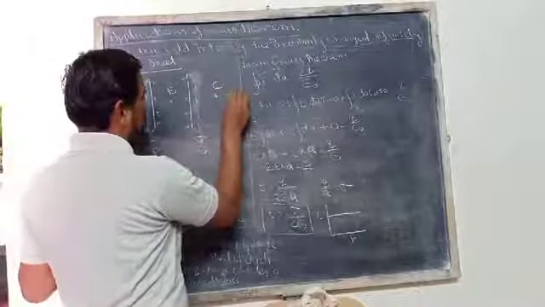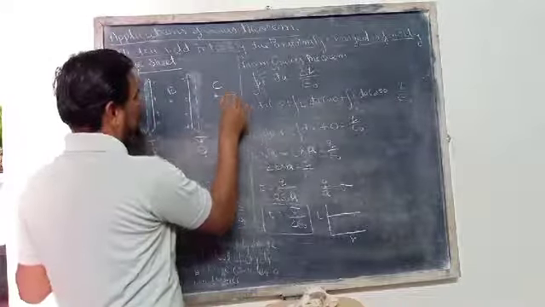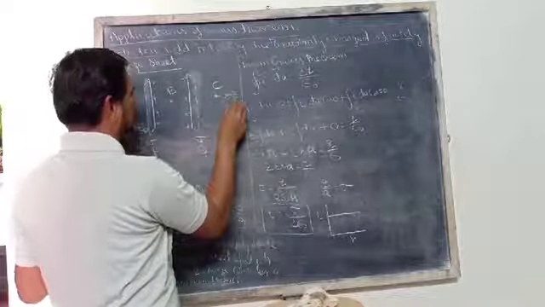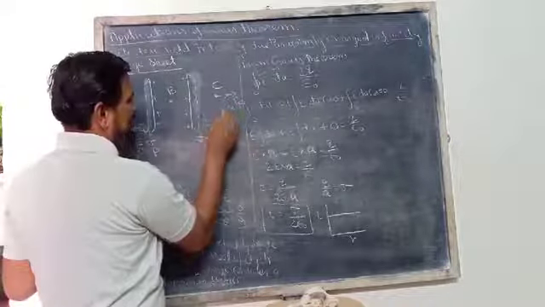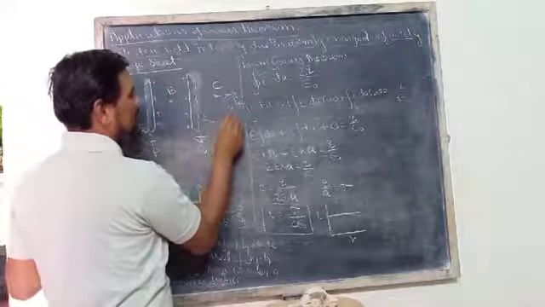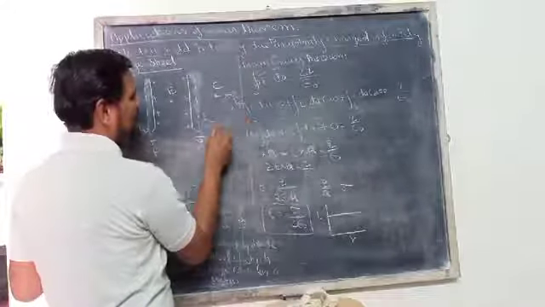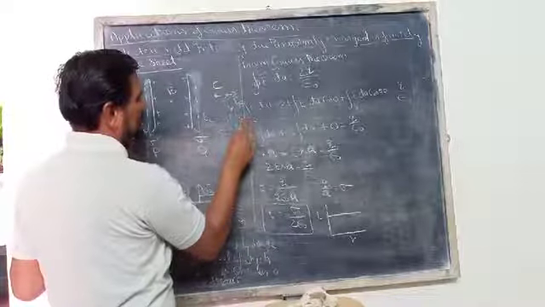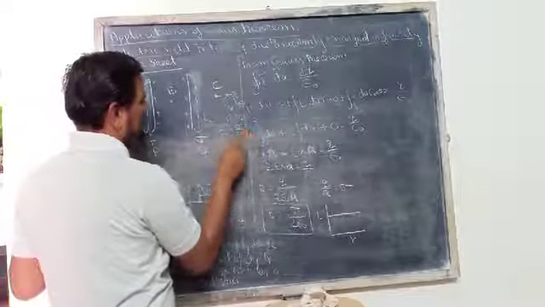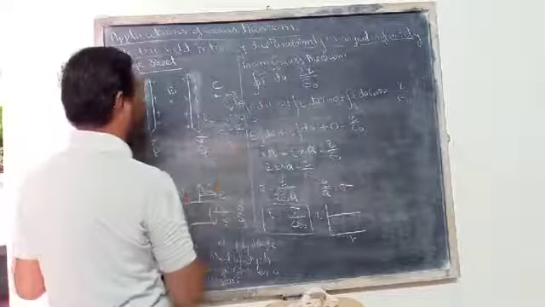Similarly, at this point, the values of EP and EQ are also along the same direction, and the magnitude is the same. So EC is equal to EP plus EQ, sigma upon 2 epsilon naught plus sigma upon 2 epsilon naught, means sigma upon epsilon naught.